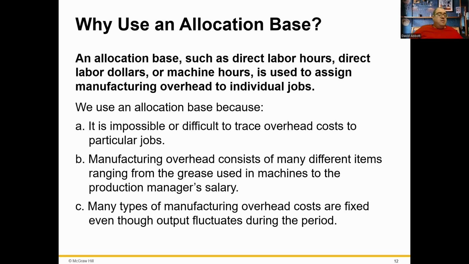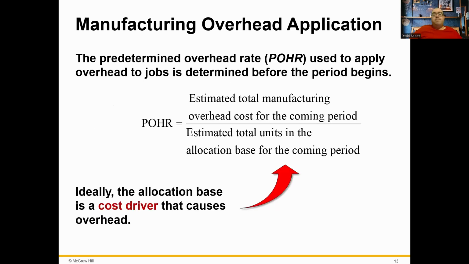And also, many types of manufacturing overhead costs are fixed, even though output fluctuates during the period. For example, the production manager's salary is going to stay the same regardless, because he's paid a flat rate every month, regardless of how much production actually goes through or not.